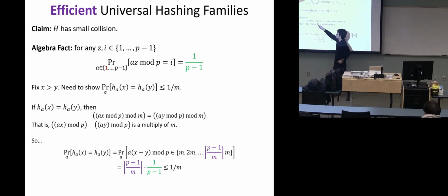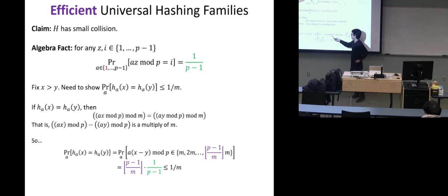And these two are the same if the difference is a multiple of m, since they are the same mod m. So the probability that x and y collide under h_a means that this thing is a multiple of m.